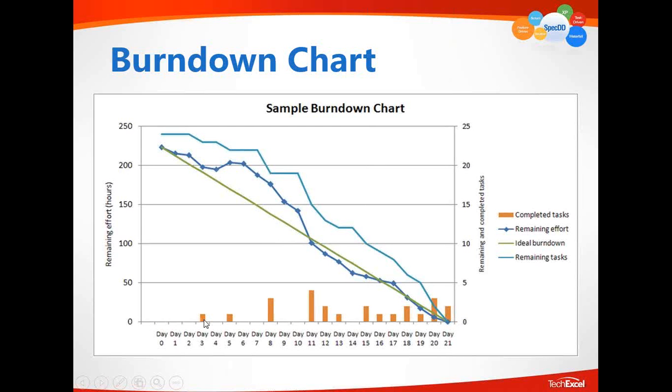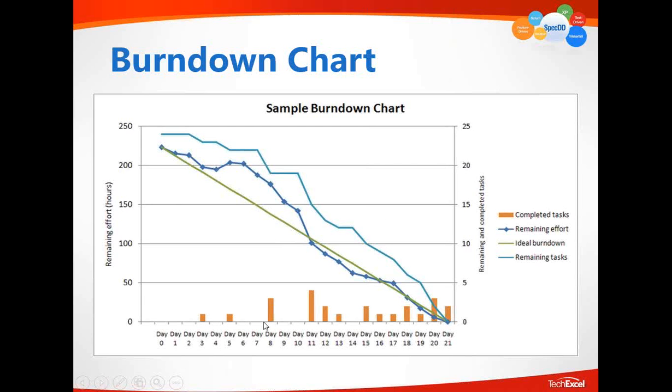During the process, on day 3, this 50 represents the number of tasks, this represents the time remaining hours, and this represents that 1 task got delivered and finished.